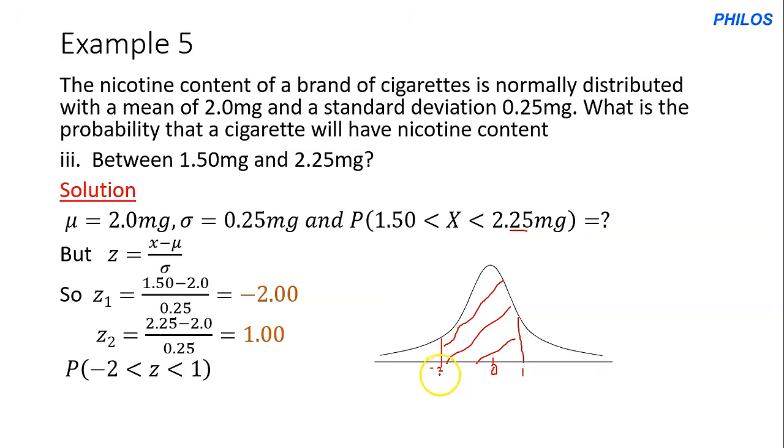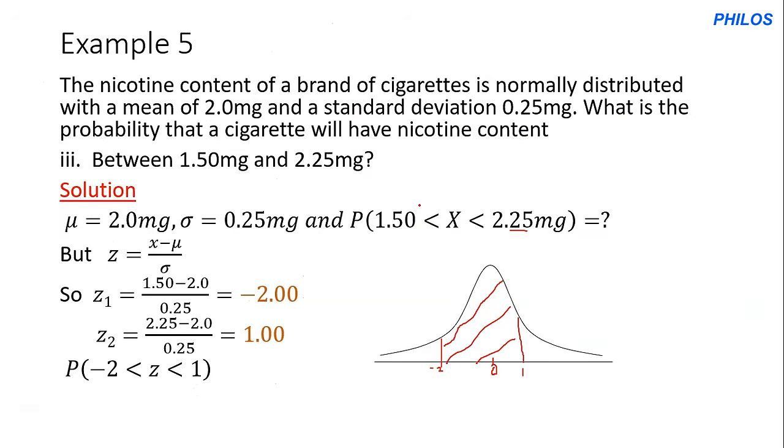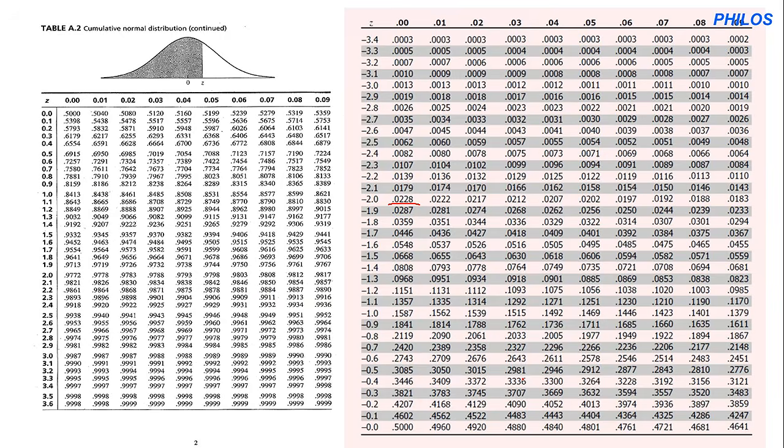So let's check z-score of -2.00 on the negative z table. So -2.00, this is -2.00. So that will give us 0.0228. So area to the left of -2.00 is 0.0228. So let's go and check +1 also on a positive z table. So 1.00, 1.00. That will give us 0.8413.